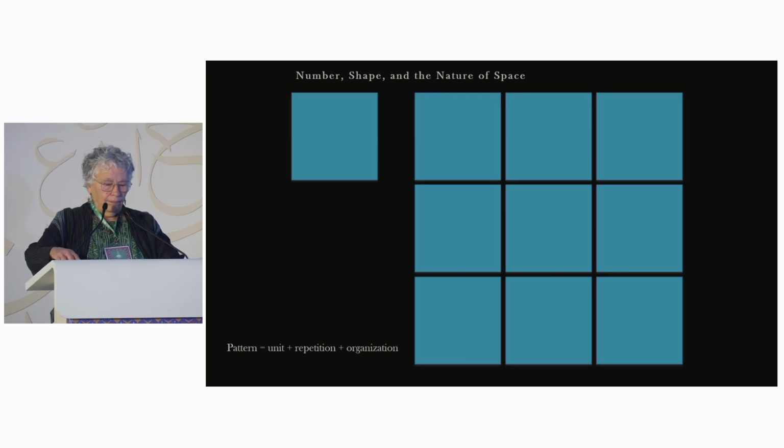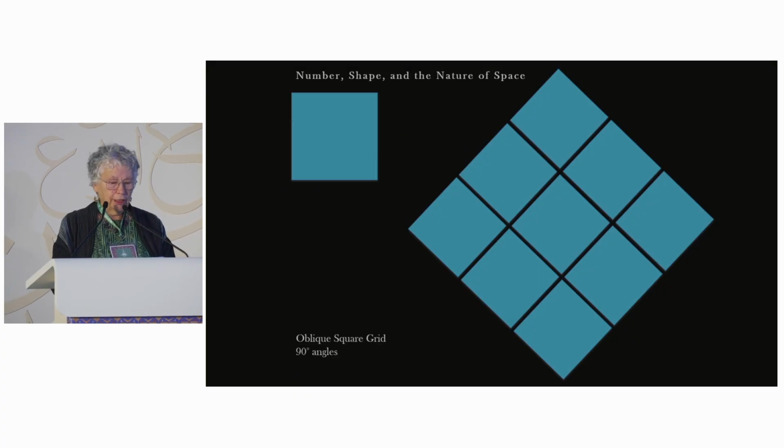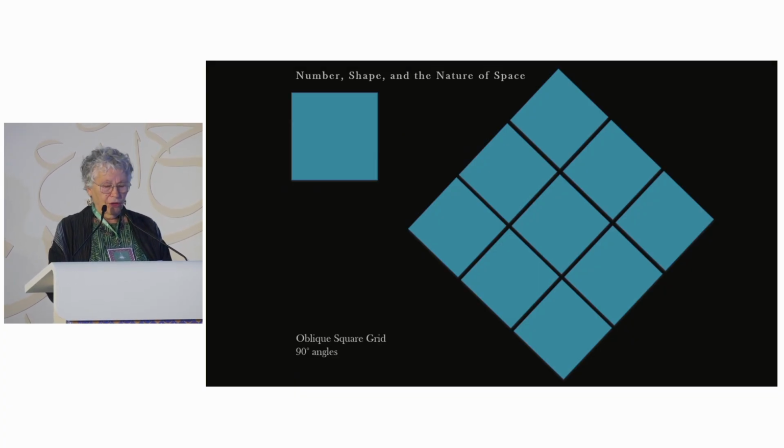In this case, the square units rest on an edge or side. But one could also set those squares on point or vertex, which establishes a grid, but rather than being orthogonal with horizontal and vertical axes intersecting, it is oblique, an oblique square grid.